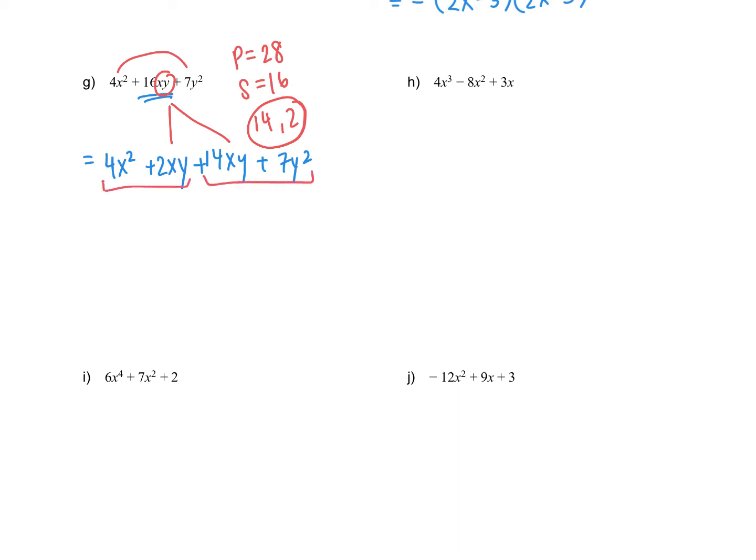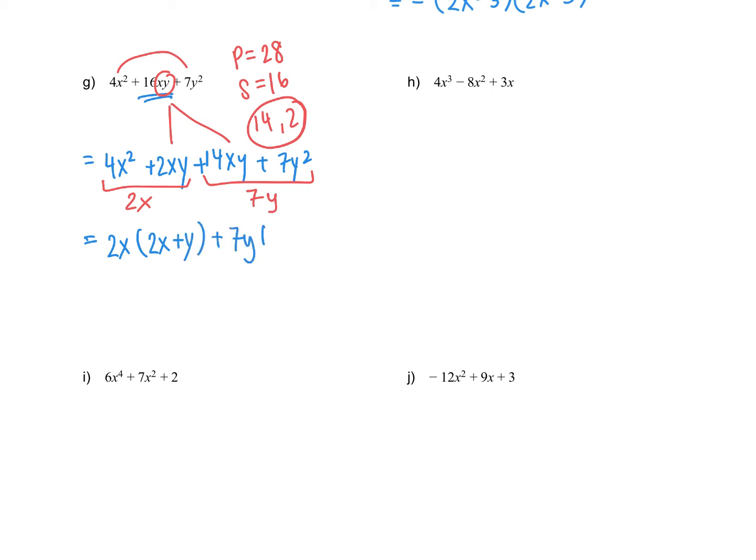Let's pair up. So 4x squared and 2xy, they both have a 2 in common, and they both have an x in common. And the next one, 14 and 7 are divisible by 7. They don't both have an x, but they both have a y. It's slightly different in terms of there's a y in the mix, but the steps are identical. So we take out our 2x. 4x squared divided by 2x is 2x. 2xy divided by 2x is just y.